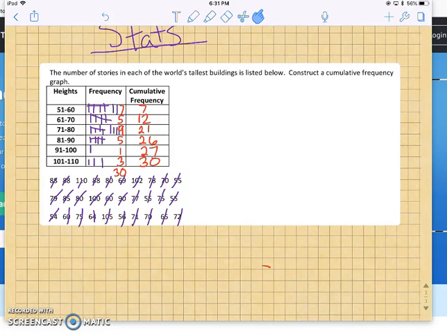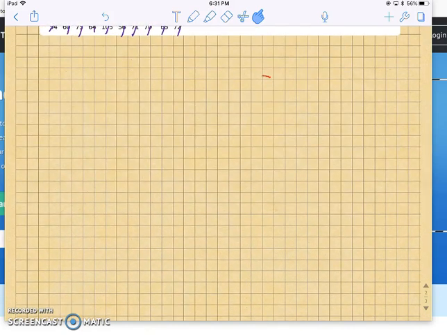So to build this cumulative frequency graph, we'll make an L-shaped graph.